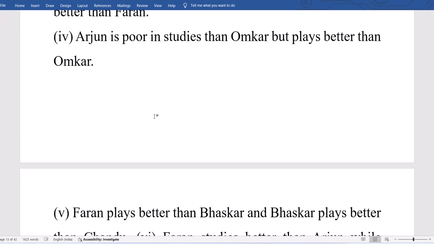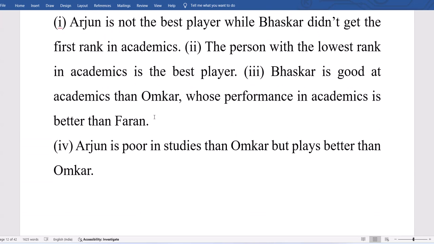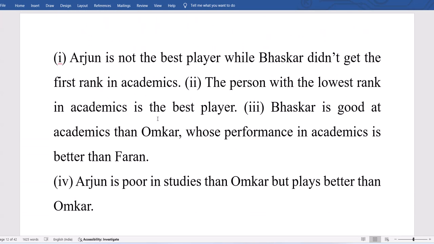So first, at least focus on academics related stuff, right? Bhaskar is not the first ranker, fine, but let's see about the rest. As per academics, Bhaskar is better than Omkar. Omkar is better than Farhan.